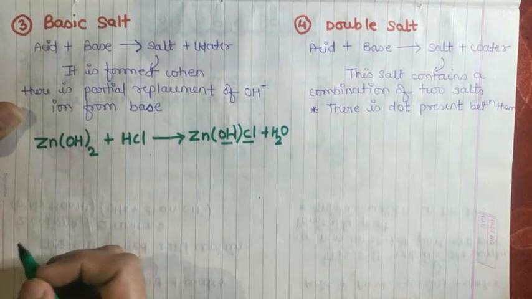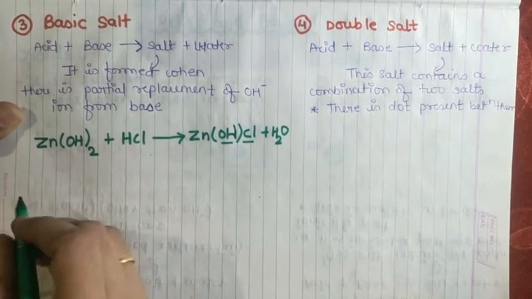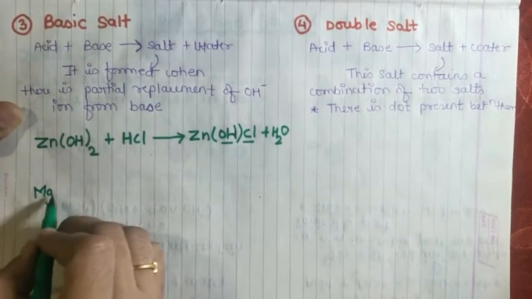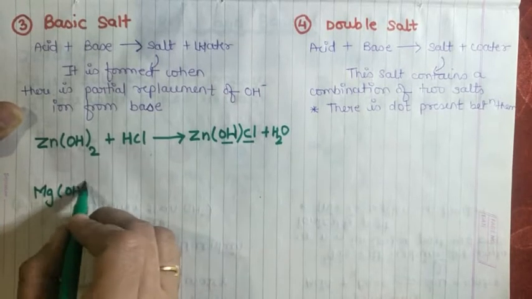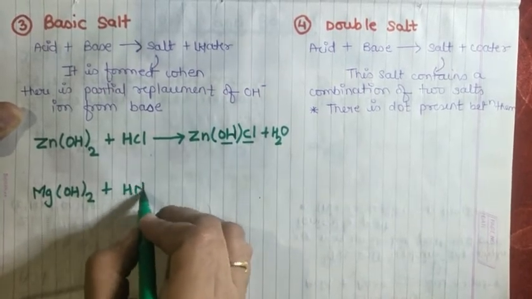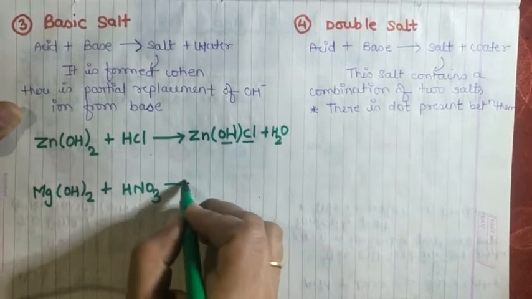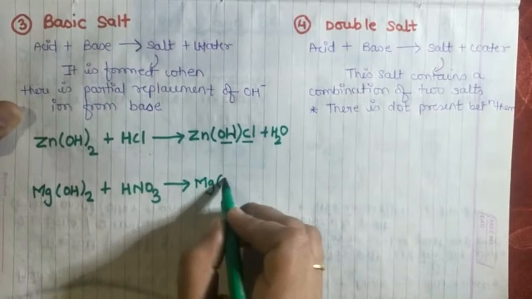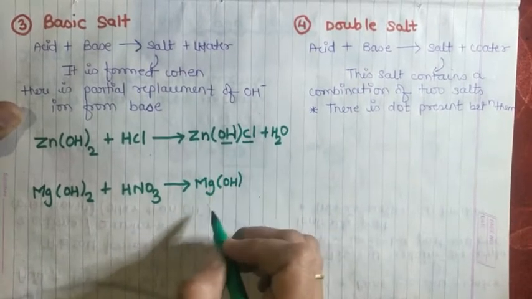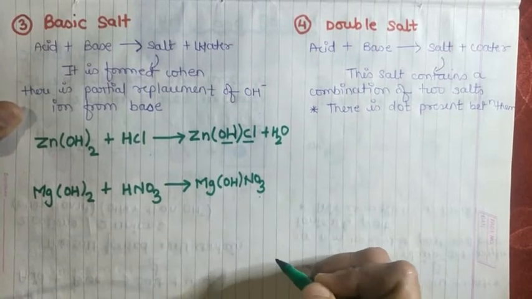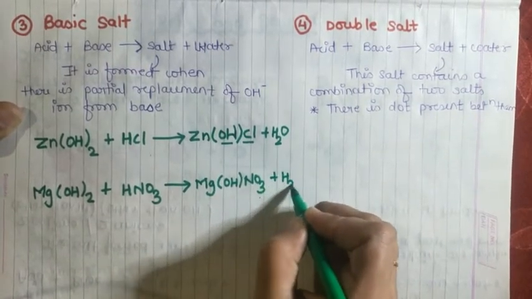Let's talk about another example. Mg(OH)2 plus HNO3. If you take this example, you will find that Mg still contains one OH ion and NO3, plus water is formed.